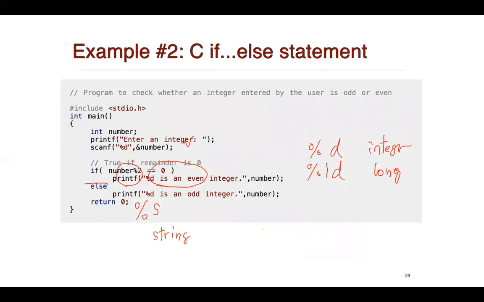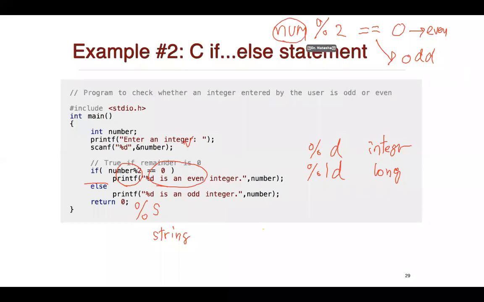So this is an example of an if-else statement in order to check whether the input number is even or odd, right? You can simply use modulo 2. If the number modulo 2 is equal to 0, then the number is even. Otherwise, it's odd, right? Why is that?